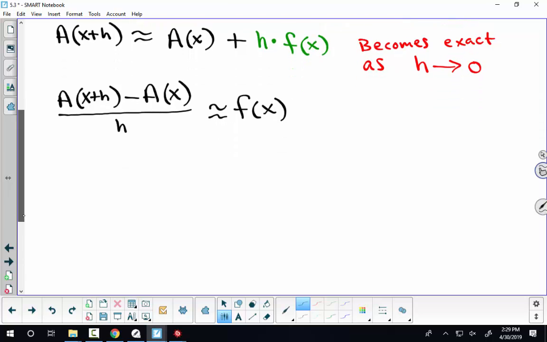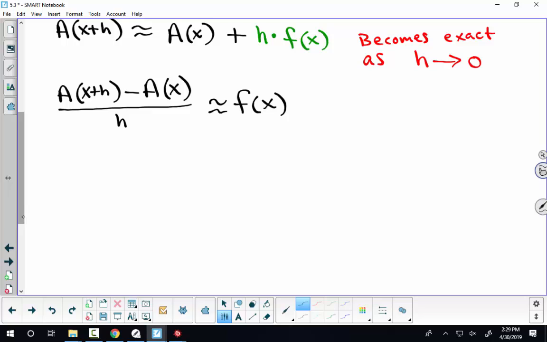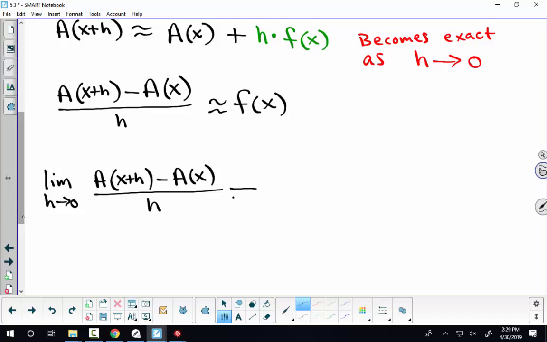And again, that becomes exact as h approaches 0. So the limit as h approaches 0 of A of x plus h minus A of x, all over h, is exactly equal to the limit as h approaches 0 of f of x.